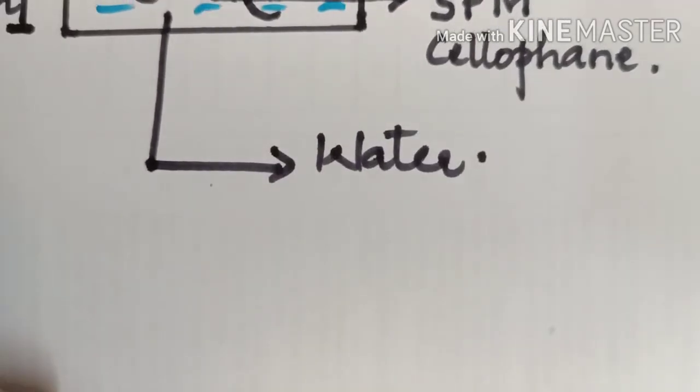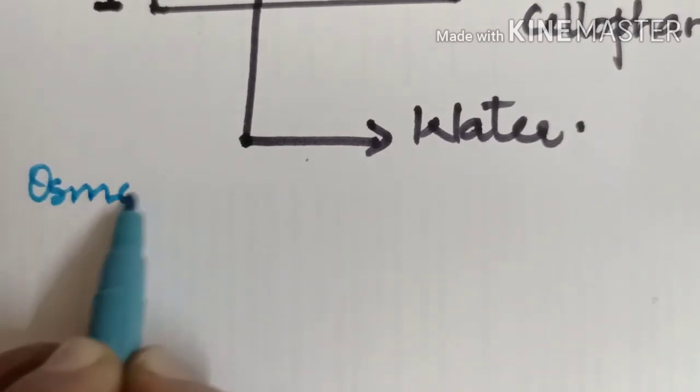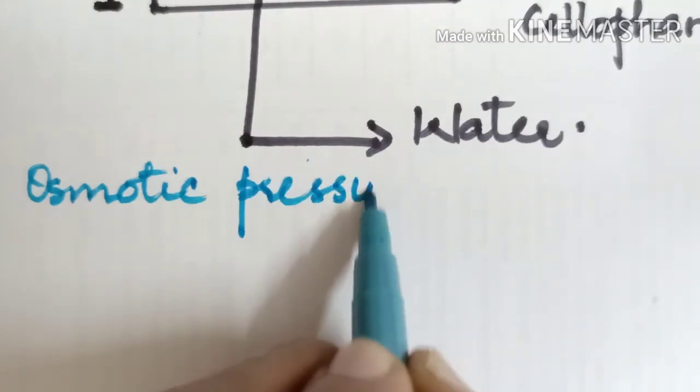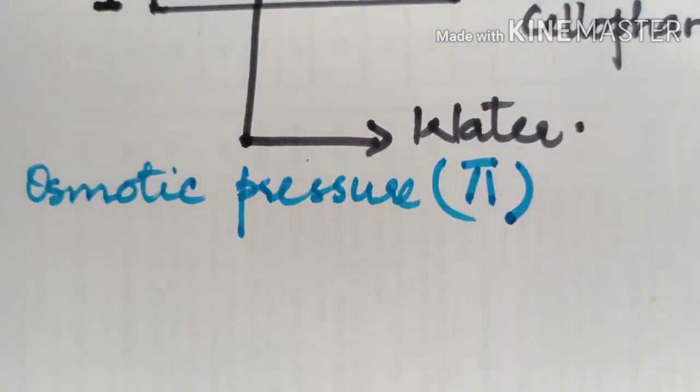And osmotic pressure is represented by the letter pi. So pi doesn't denote the pi value, that is 22/7. It is just the representation of osmotic pressure.